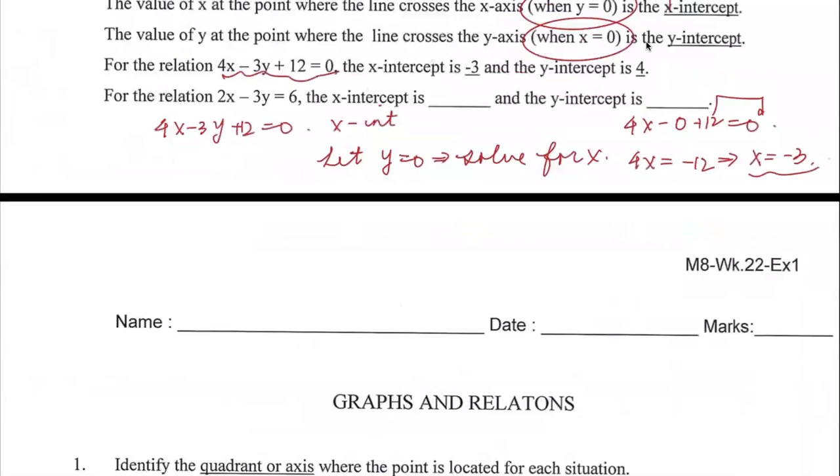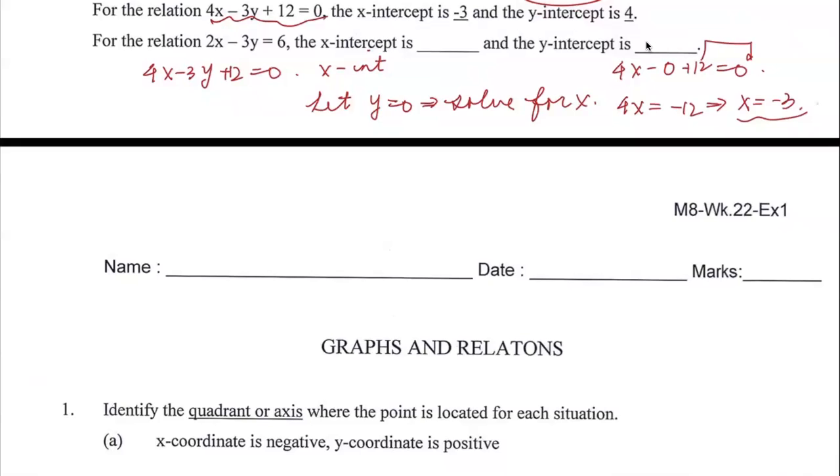Okay, I'll just write it here. If we're asked to solve for the y-intercept, then we simply let x be 0 and solve for y. So 4x minus 3y plus 12 is equal to 0.